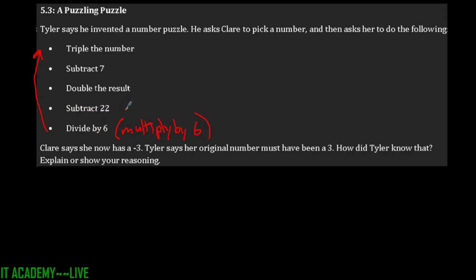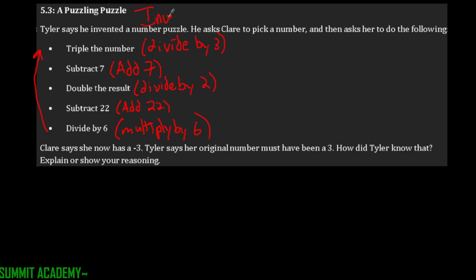The opposite of subtract 22 is add 22. Double the result becomes divide by 2. The opposite of subtracting 7 is add 7, and triple the number becomes divide by 3. In red are those inverse operations.